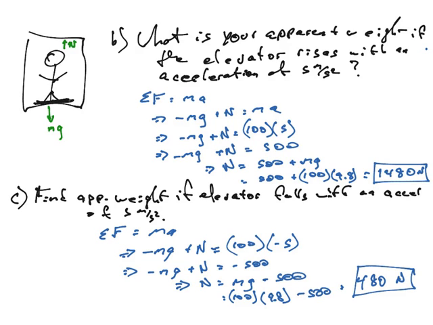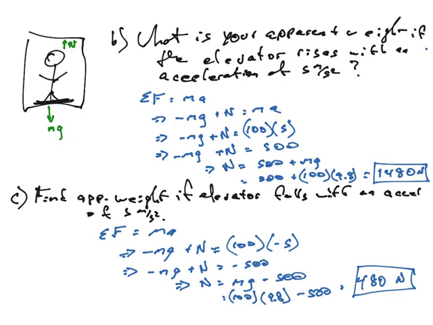Does this match what I would assume by logic the answer should be? Well, imagine you're in an elevator and the elevator starts to drop. Right at the beginning, as soon as it starts to drop, in my mind, I picture myself rising off the ground. So it feels like I'm lighter than I really am.